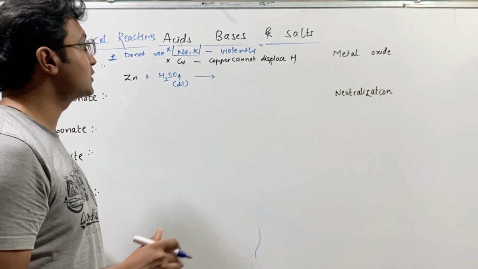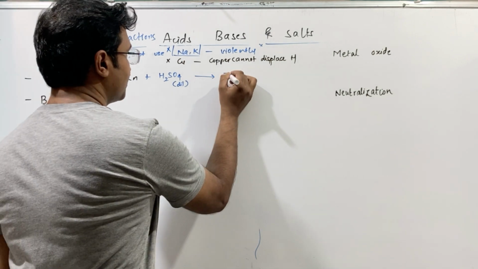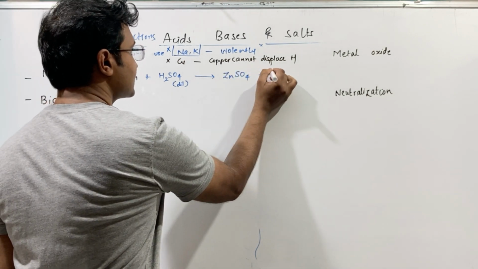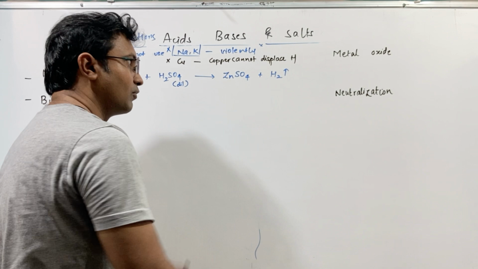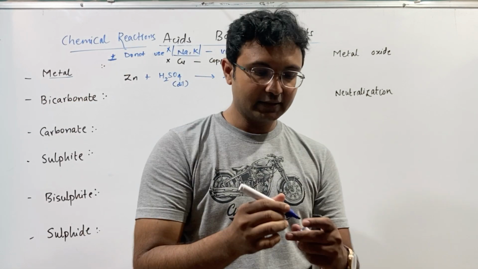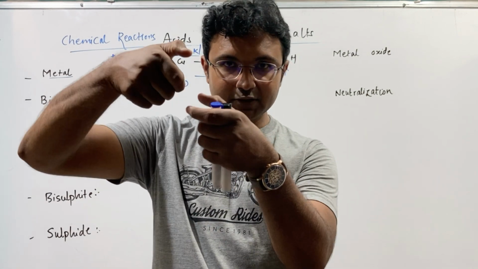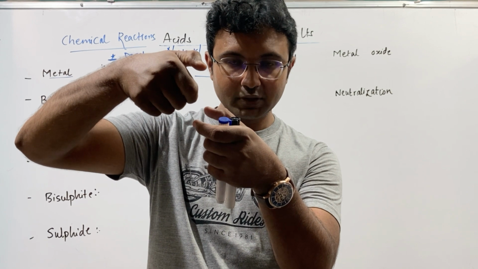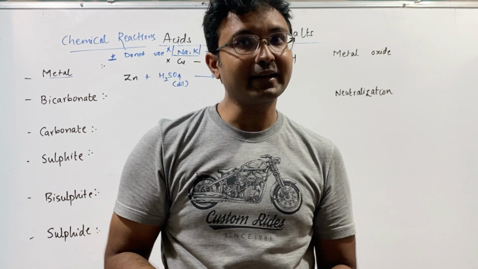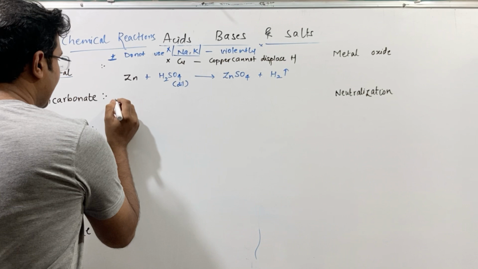So keep this parameter in mind. Now the product is ZnSO4 and there is liberation of hydrogen gas. What is the characteristic of hydrogen gas? When a burning matchstick is brought near the mouth of the test tube, it burns with a pop sound like a cracker.